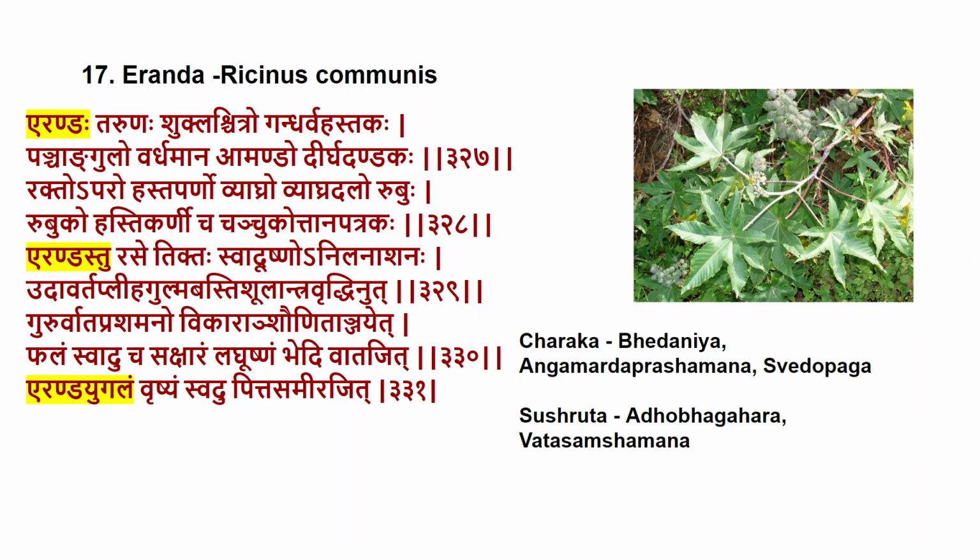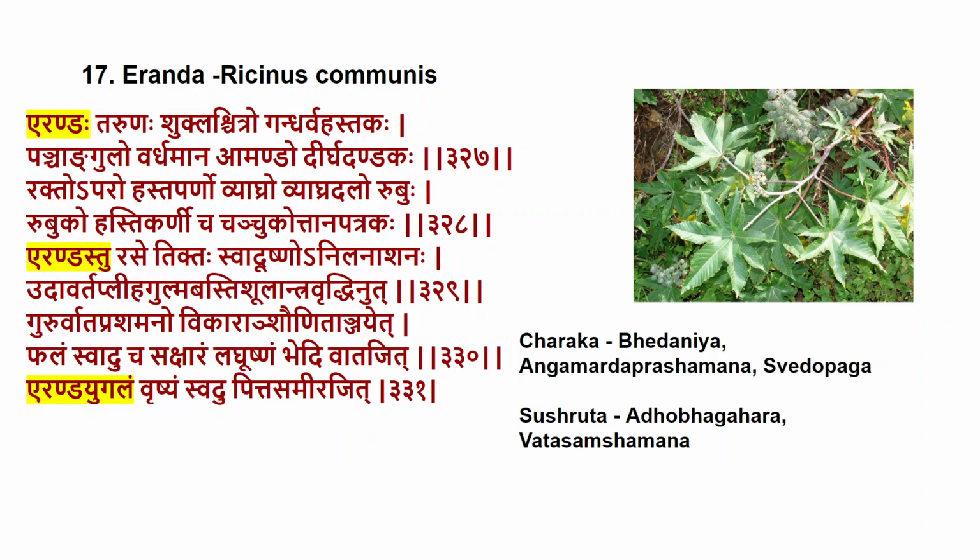Here again is a very popular drug, Ricinus communis, which according to Dhanvantari Nighantu, the Paryapadas are Erandaha, Tarunaha, Shuklaha, Shvitraha, Chitraha, Gandharva Hasta, Panchangula, Vardhamana, Amandaha, Dirgarandagaha. That's the Paryapada of Eranda, and according to Nighantu, Eranda could be of another variety, reddish variety, Raktaha Aparaha.